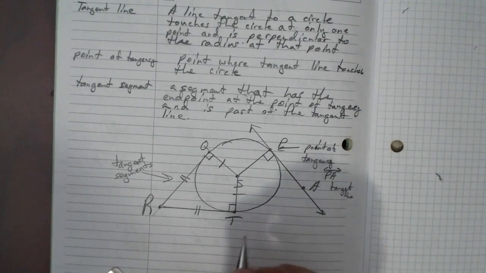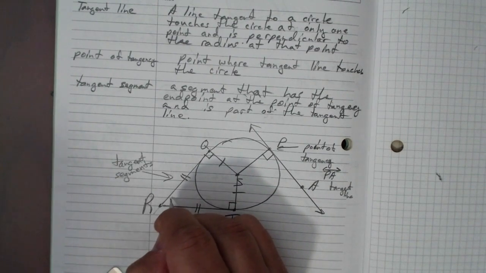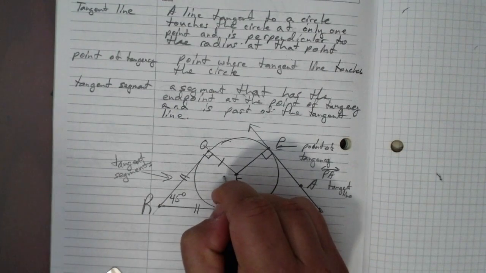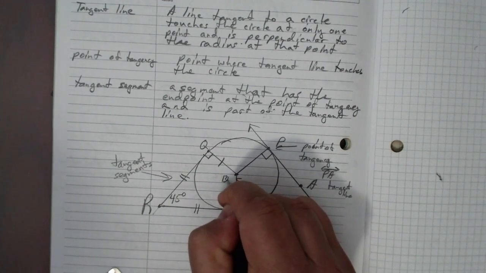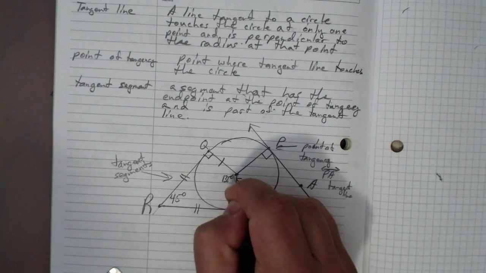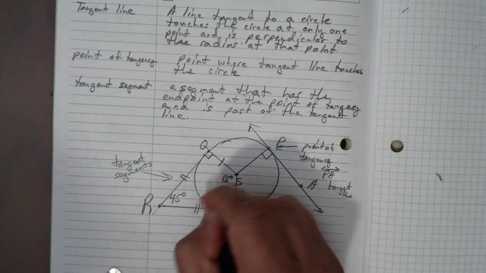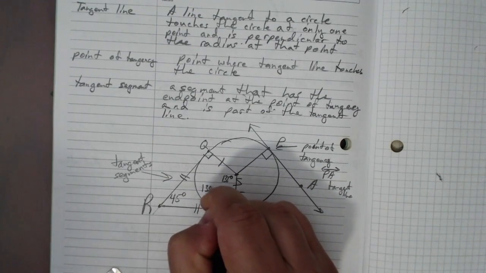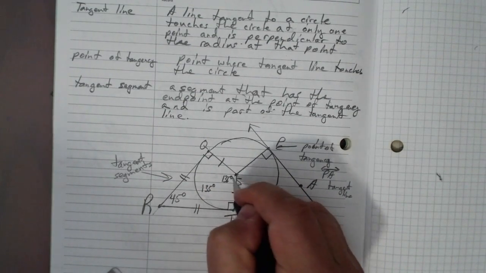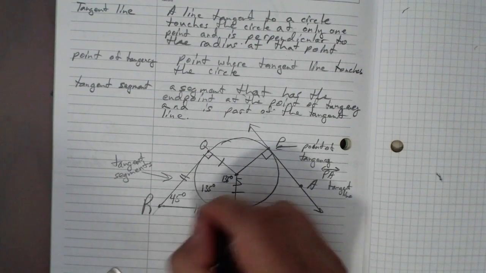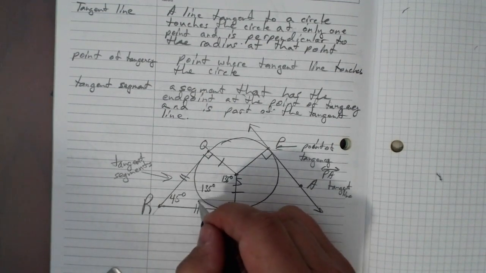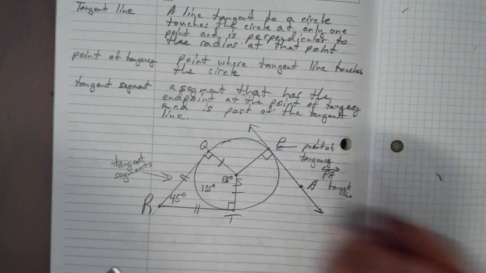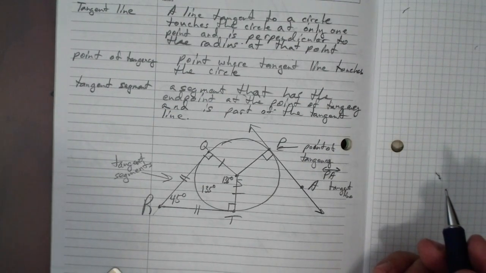What really makes this special is that if this is 45 degrees, we can figure out our central angle real easy: it is 135 degrees because these two are always going to be supplementary, which means the arc QT is always going to be 135, equal to the central angle. So the arc contained by two tangent segments is always going to be supplementary to the angle out at the tangent segments. All right?